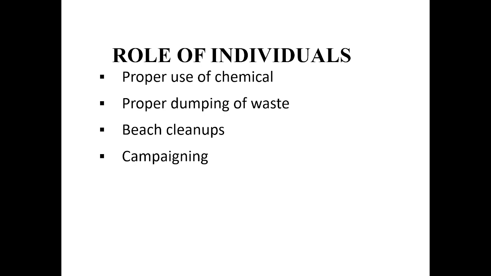And the last one is campaigning that people usually do. And the very important thing is education and public awareness. As an educated person, we can do that. So these things we can do to control the oil pollution, sorry, marine pollution in the aquatic ecosystem.